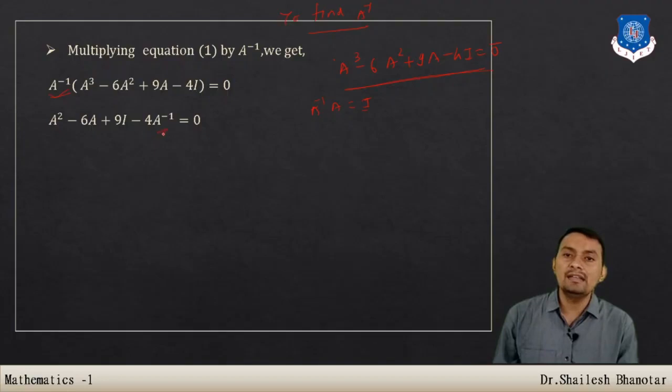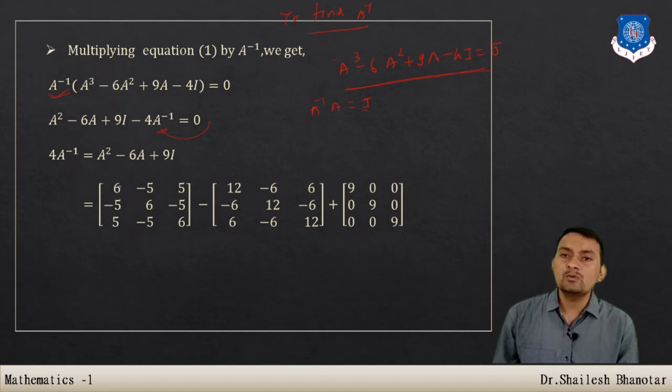Now you can take this on the right hand side or the left hand side. Let us take it on the right hand side. So what you are going to get is A square minus 6A plus 9I. Here A square is nothing but this one, minus 6 multiplied with the given matrix, so you will get this one, plus 9I, where I is the identity matrix.